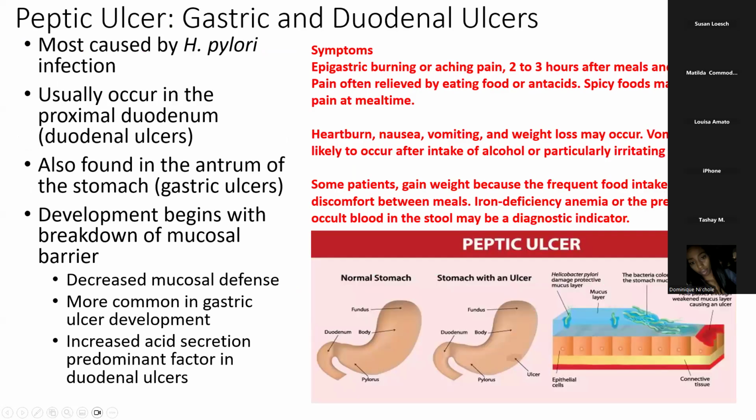All right, next is gastric and duodenal ulcers. These are most commonly caused by H. pylori. A lot of them are going to be in the duodenal area, but they can be in the stomach.